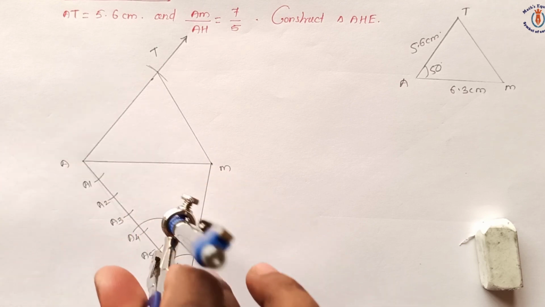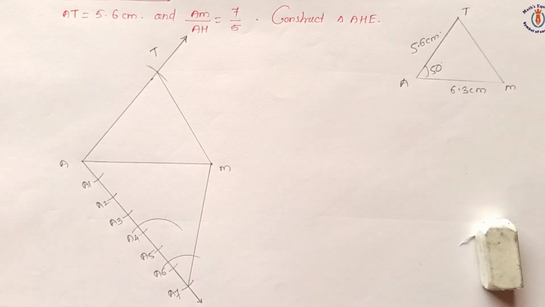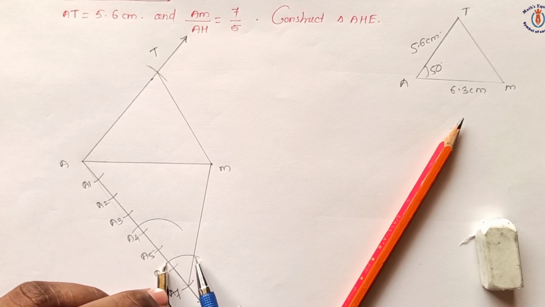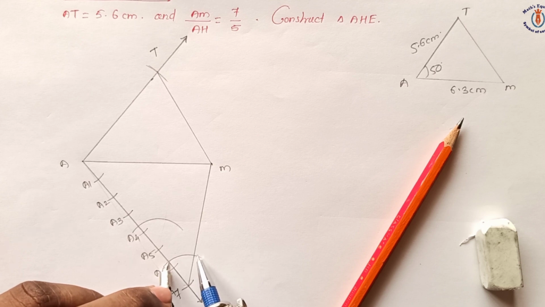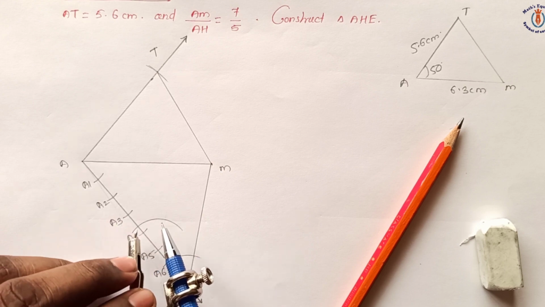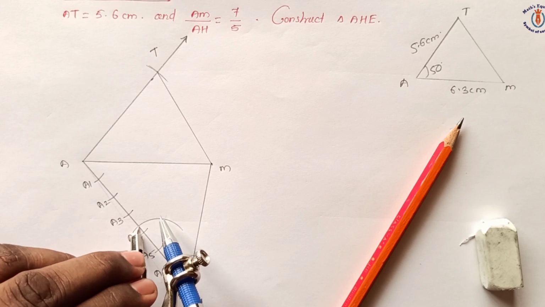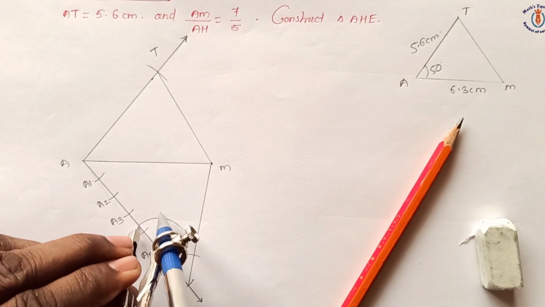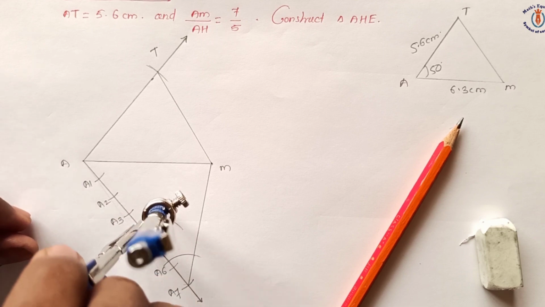Okay, now take the distance between the 2 points of intersection of the first arc. This is the first one and this one is the second one. So look at here. This is the distance between the points of intersection of the first arc, and we are going to keep it here on the point of intersection of the second arc like this, and intersect the second arc.